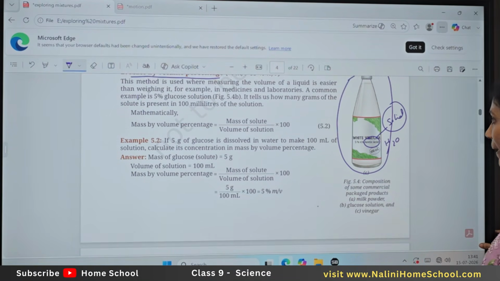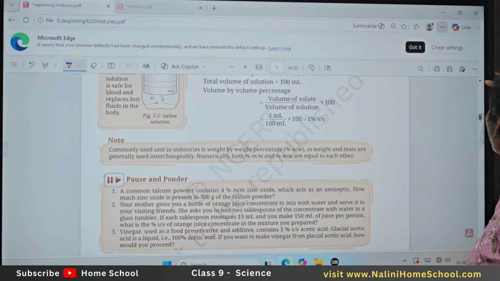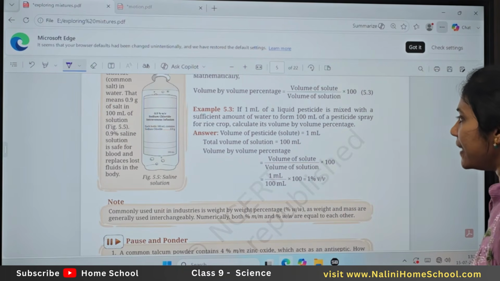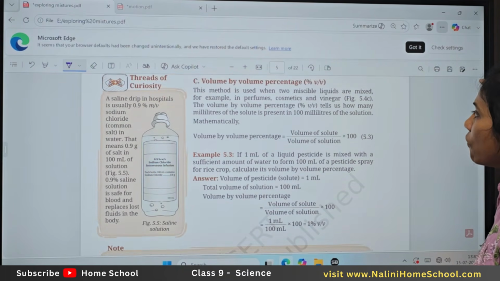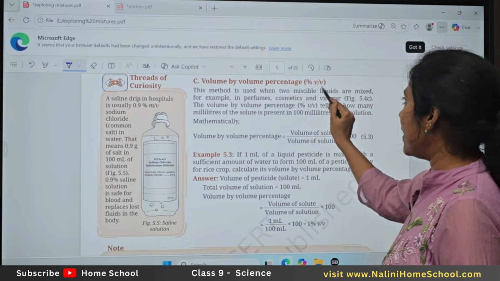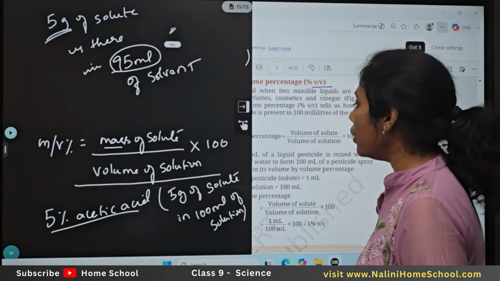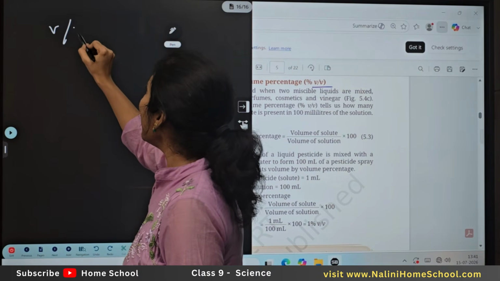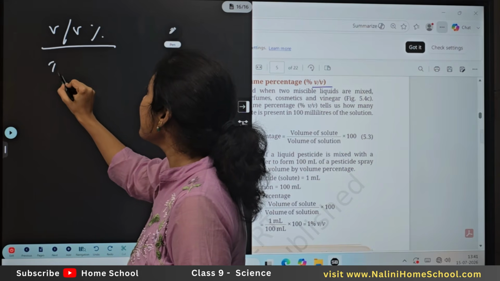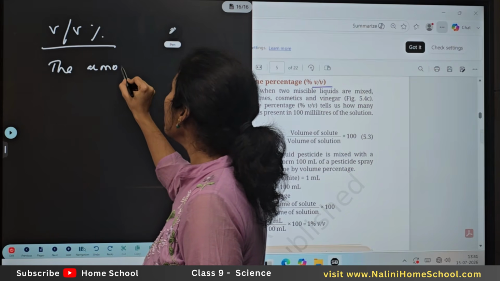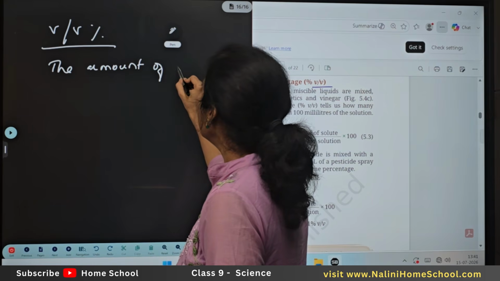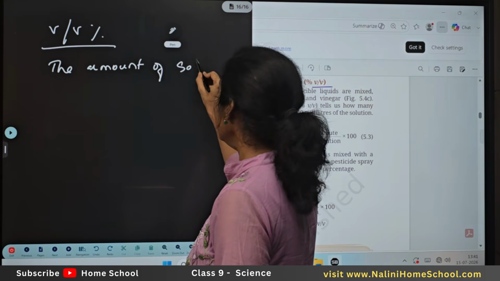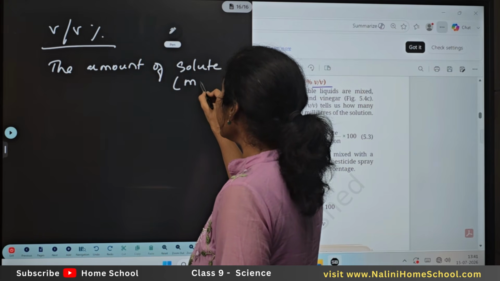Okay, so now coming to volume by volume. Suppose both components are liquids. When both components are liquid, then we use volume by volume percentage, guys. So how do I define volume by volume percentage? It is very simple. It is the amount of solute, you are measuring it in ml.